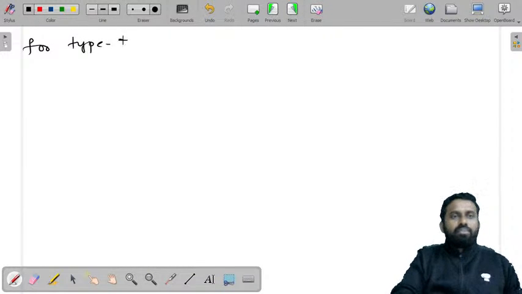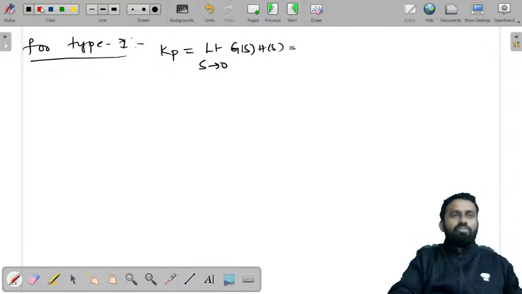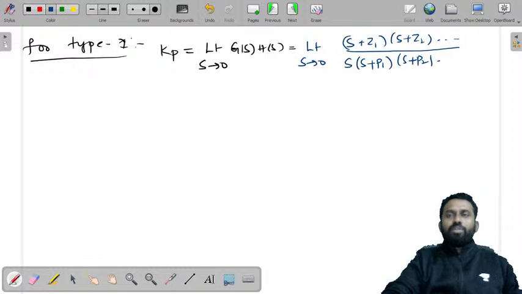For type 1, Kp is equal to limit s tends to 0 of G(s) into H(s). What is G(s) into H(s) for type 1? Limit s tends to 0 of (s plus z1) into (s plus z2) and so on, by s into (s plus p1) into (s plus p2) and so on. If you apply limit s is equal to 0 to this, it is 1 by 0, so the Kp value will be infinity.